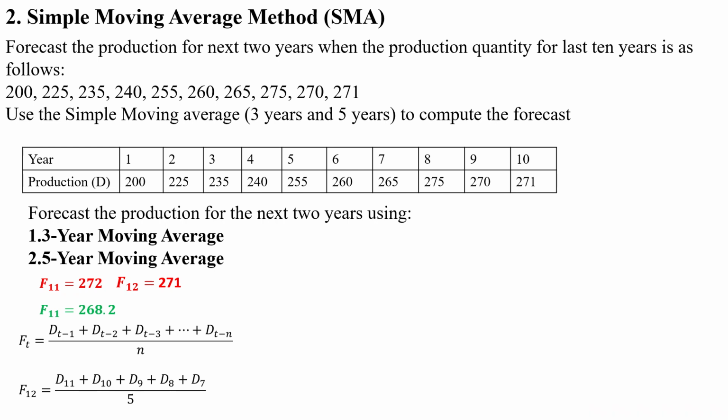Similarly, we calculate for the 12th year also. For the 12th year you have to consider the last 5 years data. The F11 value is 268.2.